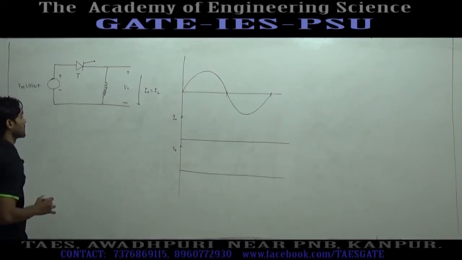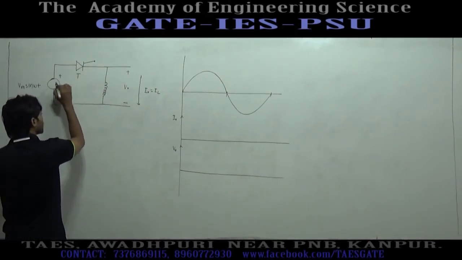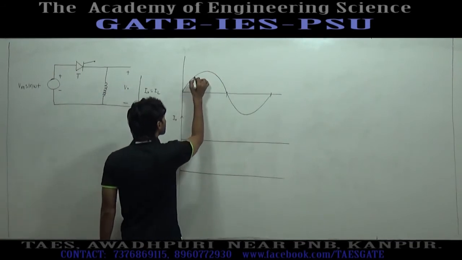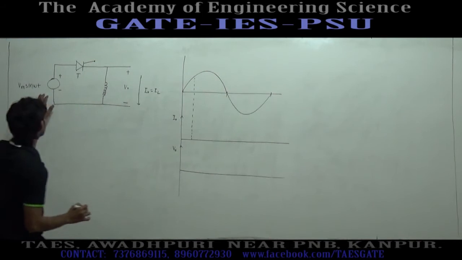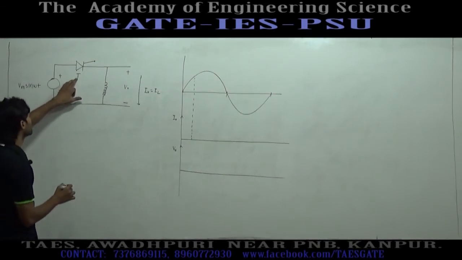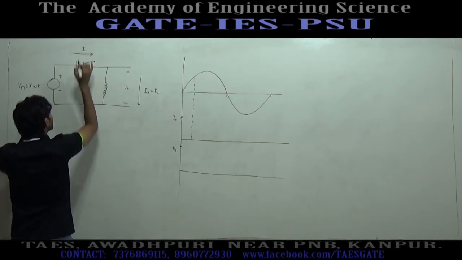Now, in the positive half cycle, we will suppose that in the positive half cycle the input will try to conduct the current in this direction through the thyristor.